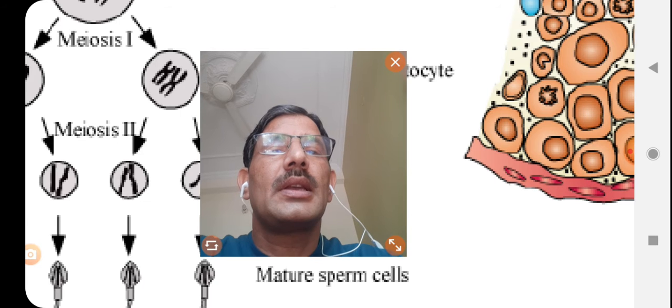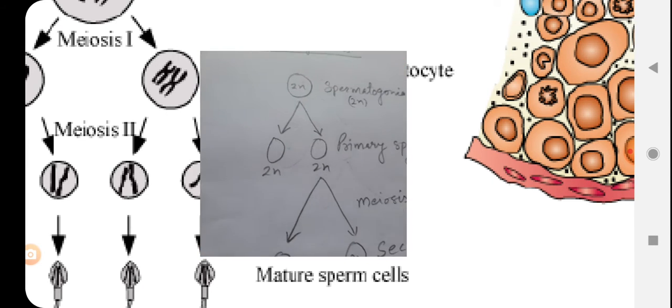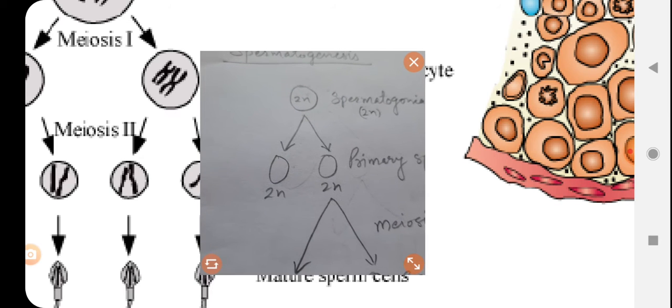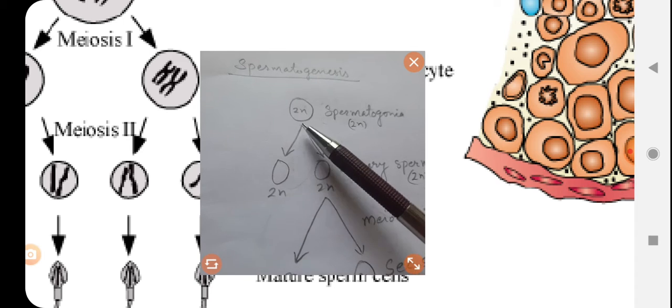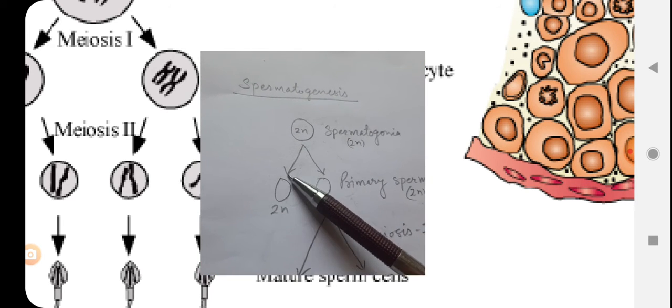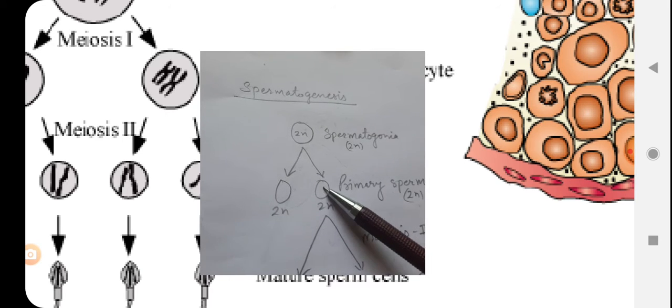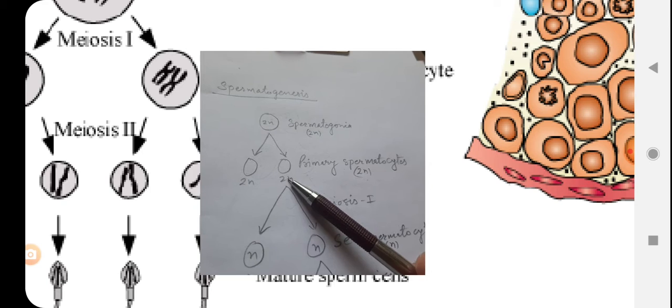See, this is spermatogonium, a diploid cell, divide by mitosis and form two primary spermatocytes. Okay, both are diploid.